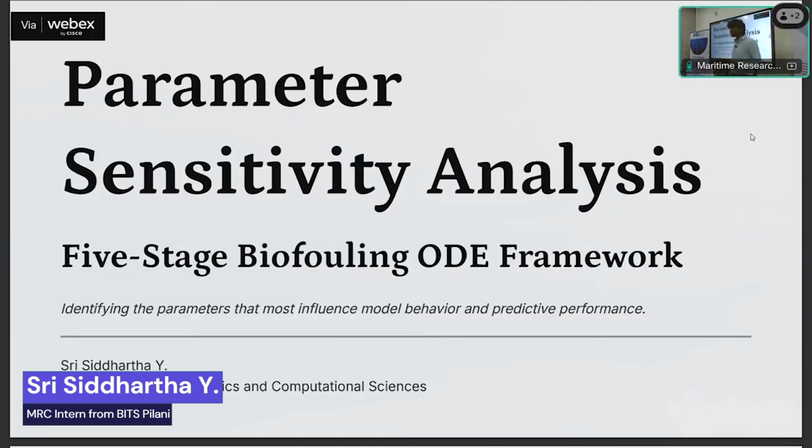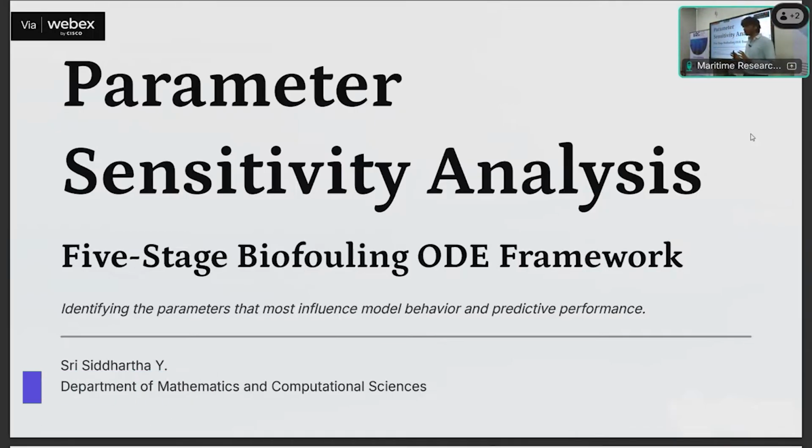So basically, biofouling is the growth of biological organisms on ships, oil rigs, or any kind of marine structures, right? We are trying to model biofouling as part of the 5 stages that we've classified it into, and we've assigned a differential equation to each stage.